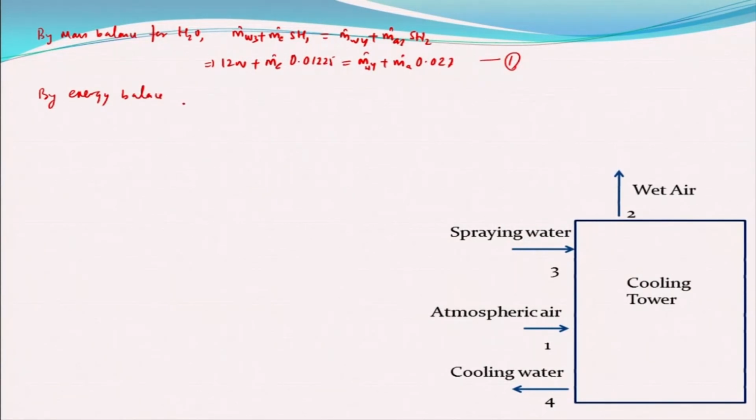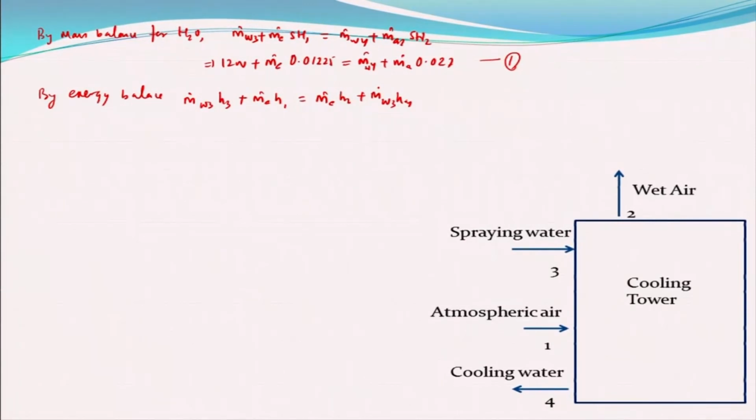And by energy balance, I can get basically MW3 H3 plus MA H1 is equal to MA H2 plus MW4 H4.